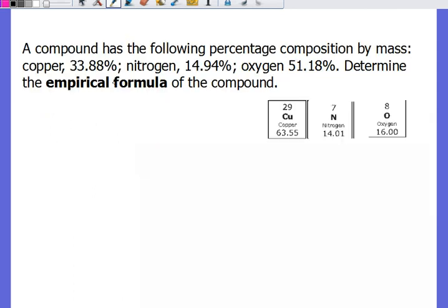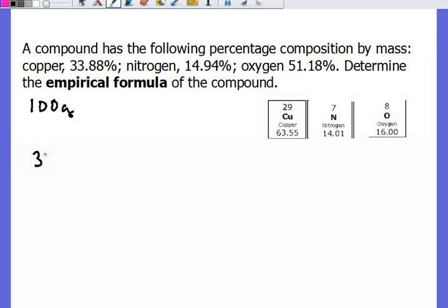On this one, you have percent by mass composition for these 3 different elements: copper, nitrogen, and oxygen. You're given the percentage. From that you can go ahead and assume your 100-gram sample, and you see that your copper is contributing 33.88%.